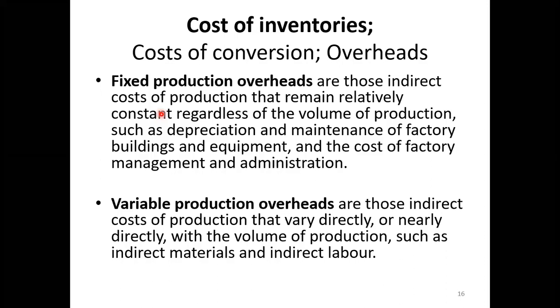Variable production overheads are those indirect costs of production that vary directly or nearly directly with the volume of production, such as indirect material and indirect labor.